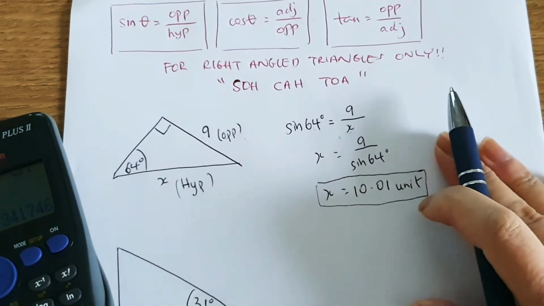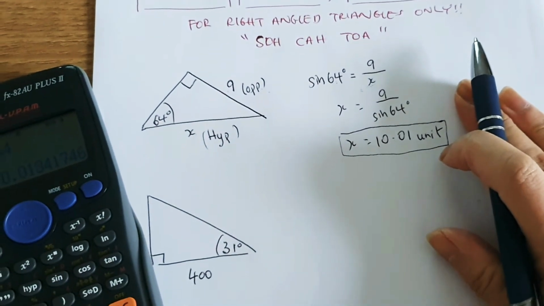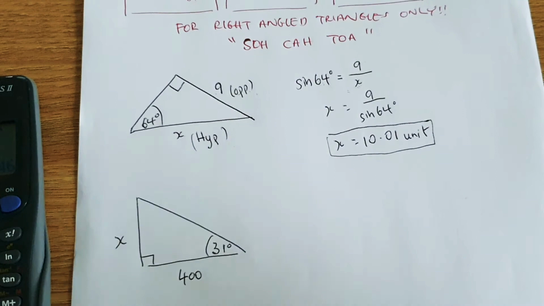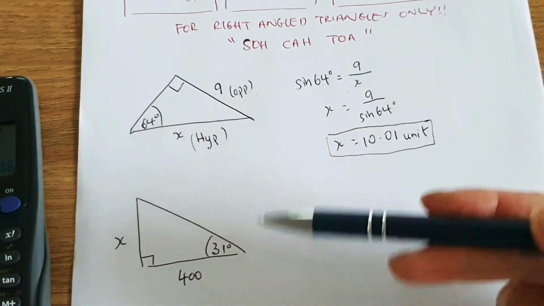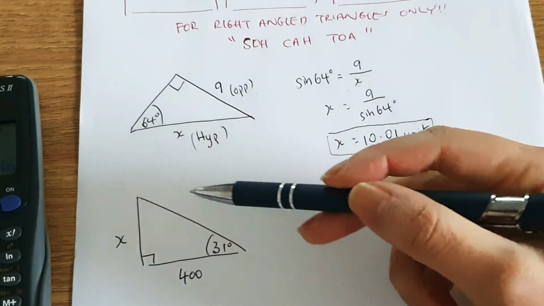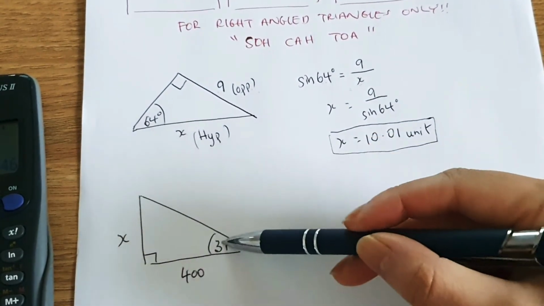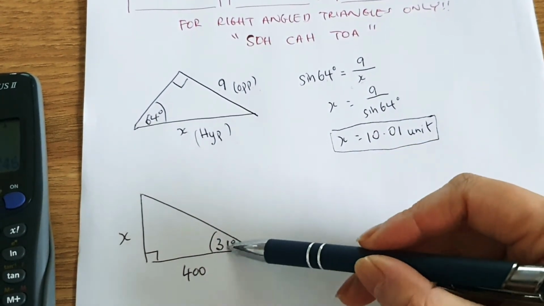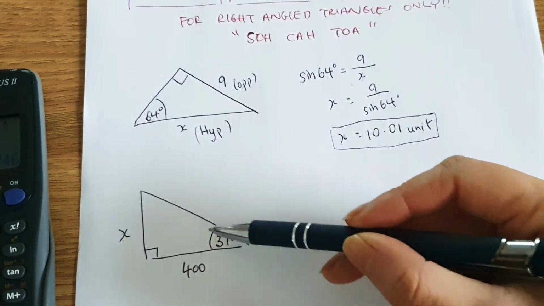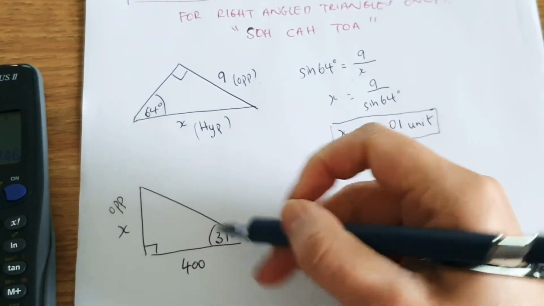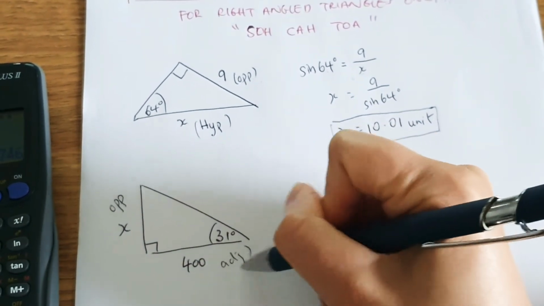So down here we have another example, and first what we're going to establish is, what do we actually have here? Now this being the right angle means that that's the hypotenuse, so we don't have that. We've got an angle here, and this is going to therefore be called the opposite, and next to it is going to be called the adjacent.